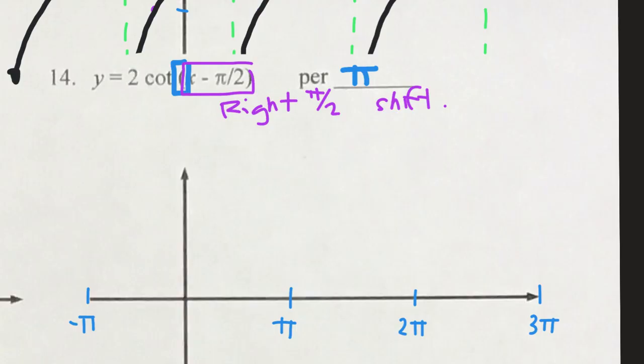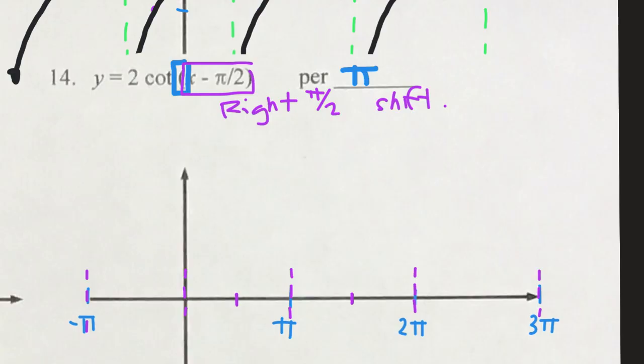So for cotan, we would usually put asymptotes at your period. So at negative pi, at 0, at pi, at 2 pi. This is where they would normally go if we didn't have a phase shift. But because we do have a phase shift, we have to move each of these asymptotes to the right pi over 2, which means they're going to end up in the middle, right?